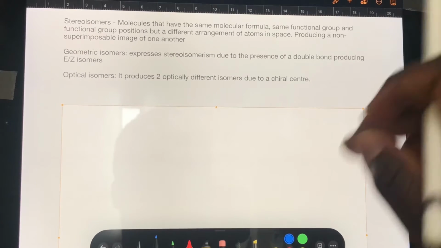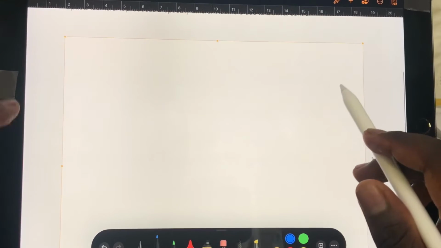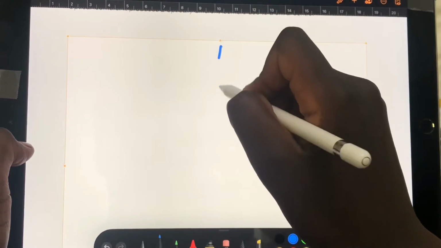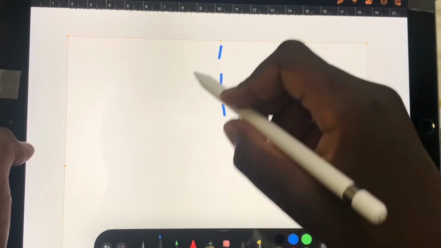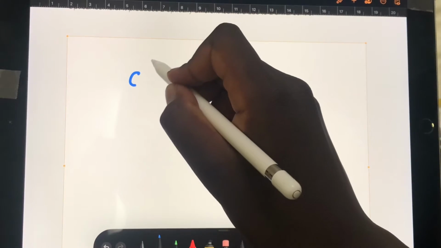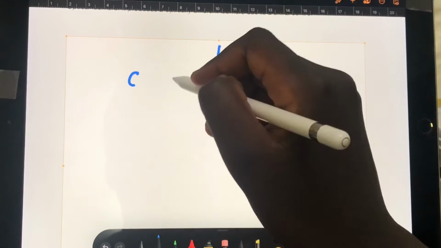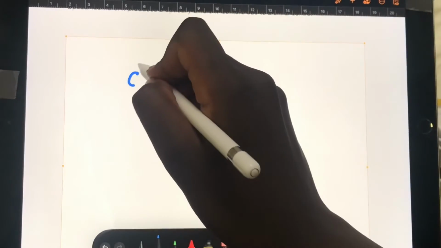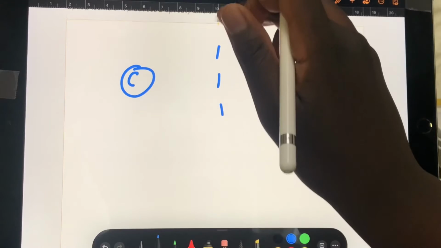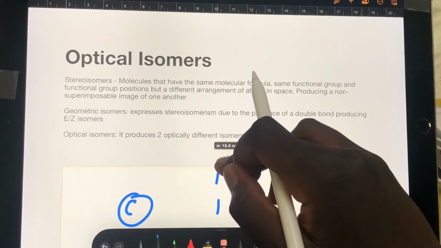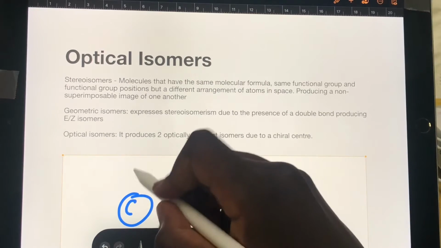Alright, great. So let's make two mirror images here. Let's get a carbon molecule. I'll get two carbon molecules. I don't really care about the molecules itself. I'm just going to try and make an example here. So the carbon in here.